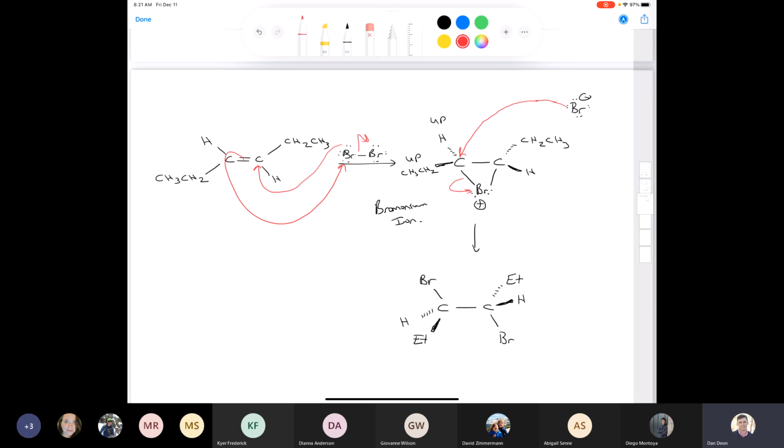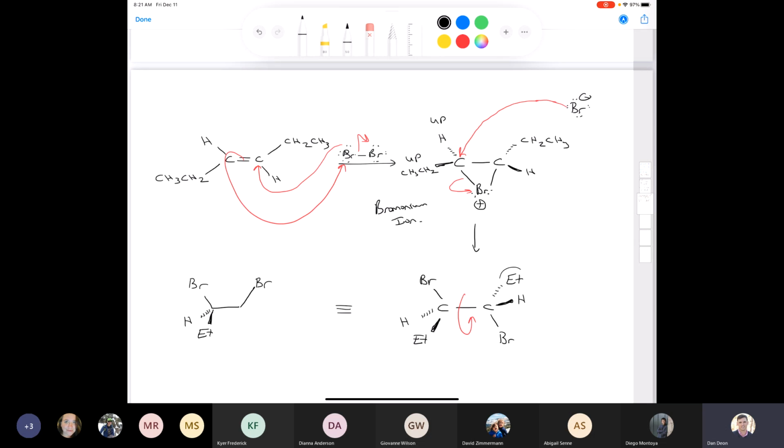Well, if you rotate that bond so that the bromines are on the same side and in the same plane, what would you get then? It's going to be the same thing as this. We draw this, okay? So we still have our hydrogen going in the back like this. We still have this ethyl group coming out in front like this.